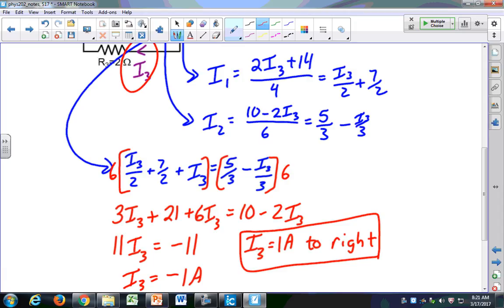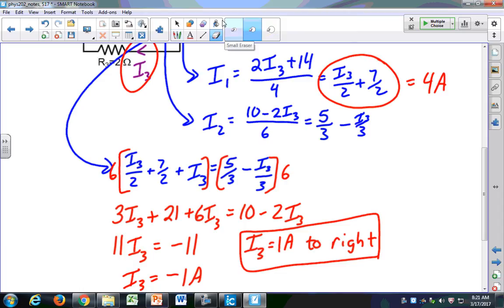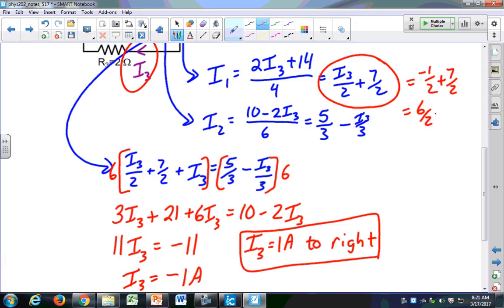The first one is the hardest, but once you get the first one, I can plug in I3 here. Excuse me, don't write that down. It's actually going to be negative 1 over 2 plus 7 over 2. That's 6 over 2, which is 3 amps.